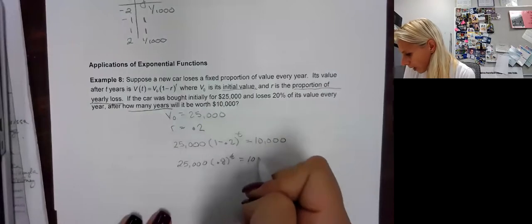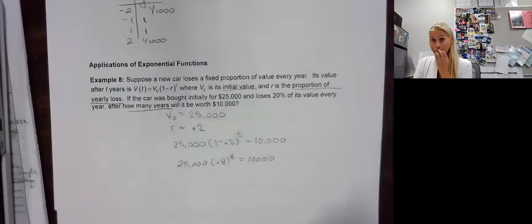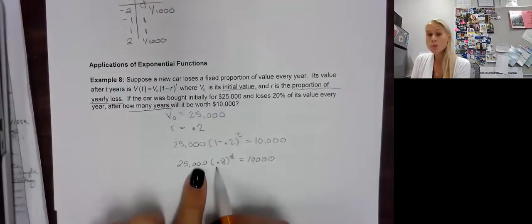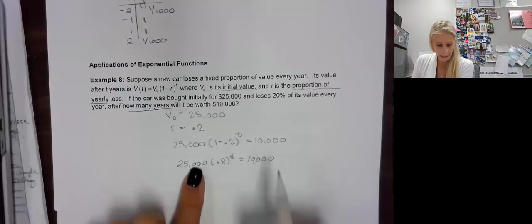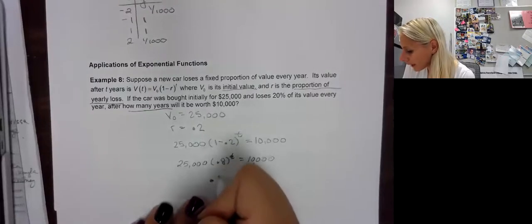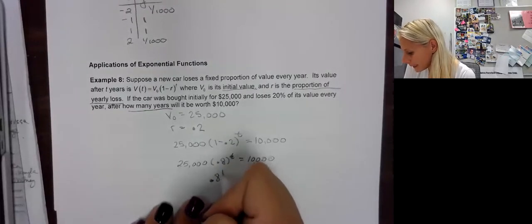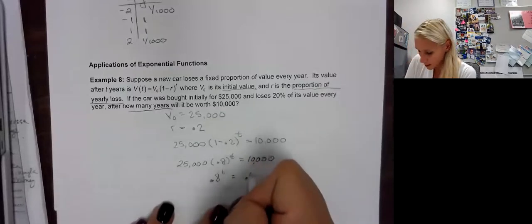Okay, now the next point. I'm going to mention this again. I've mentioned it earlier in this lesson so far. Do not multiply that. You cannot multiply different bases. So in other words, if I can't multiply it, I have to divide both sides by that 25,000. When you do that on your calculator, you're left with 0.8 to the t equals 0.4.